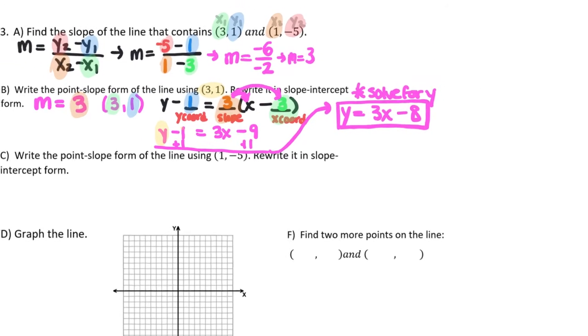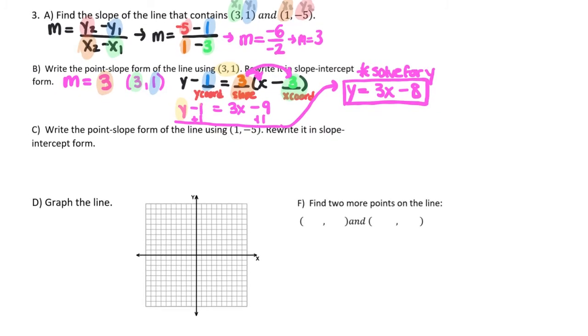Now the next part of the problem asks us to write this point slope form of the line using 1 comma negative 5. Now if I erase this a little bit just so I can see that it's 1 negative 5, I can transfer from above that the slope is 3.